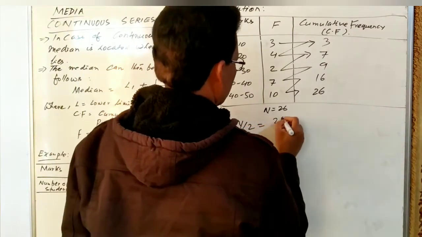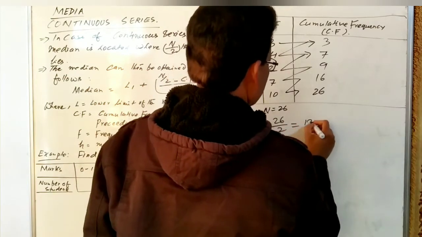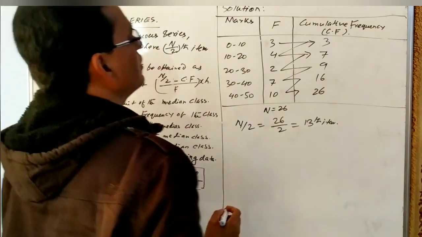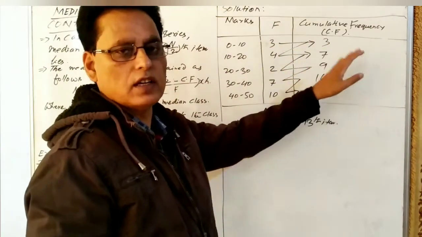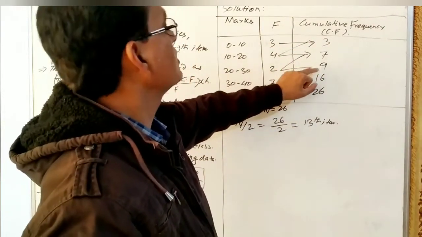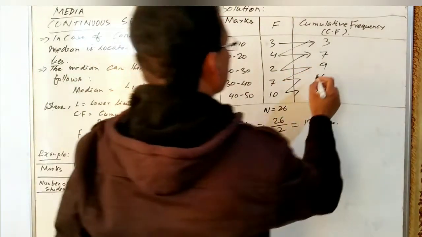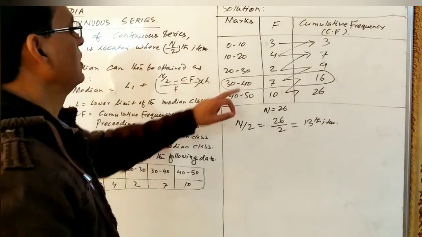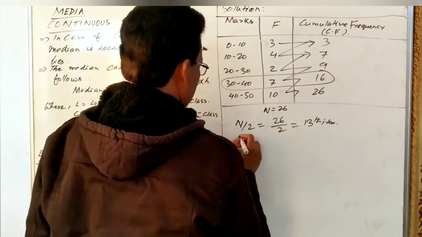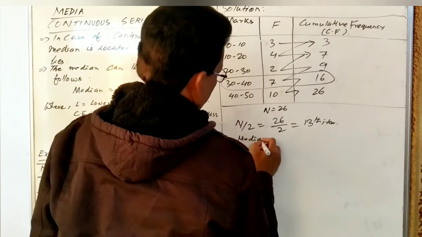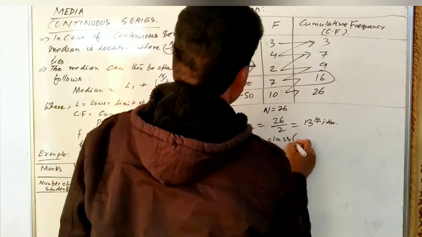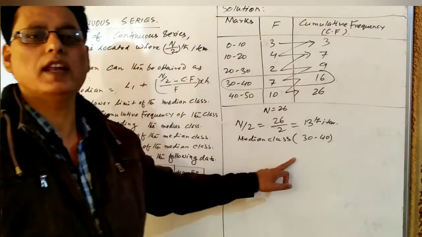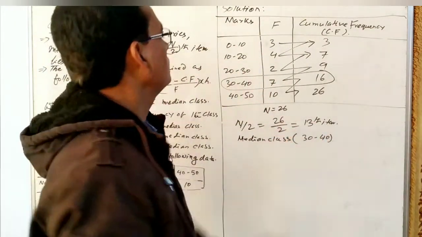N upon 2 means 26 divided by 2, which is 13. Where does 13 lie? 13 lies certainly above 9, so the median class is 30 to 40. It means our median will lie between 30 and 40.